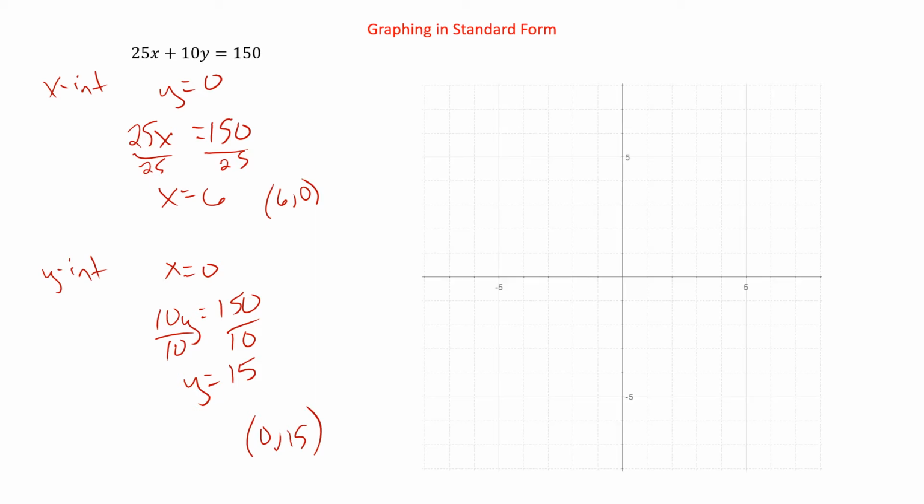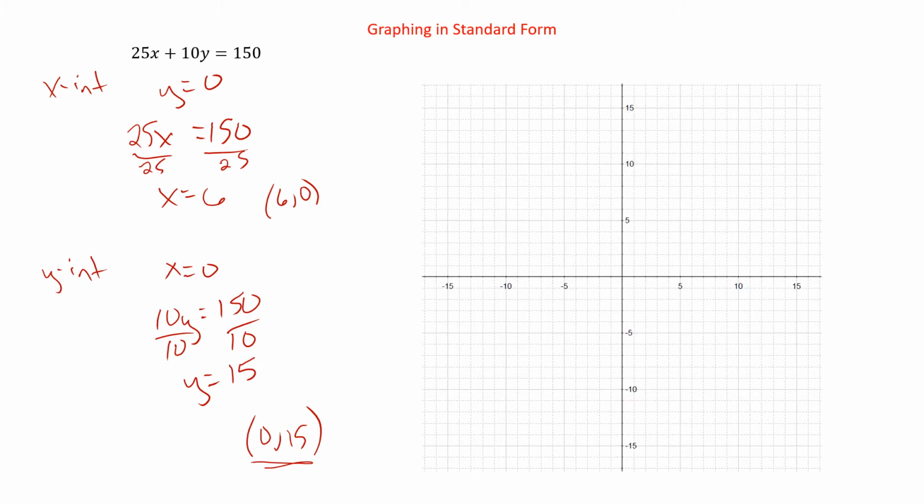So let's get a graph. So here's my normal graph. It goes from -8 to 8, which isn't going to really help us too much since we have 15. So let's zoom out a little bit, and we get this one. So we can graph our points. We have 6, 0. So that's going to be right there. 0, 15 is going to be up there.